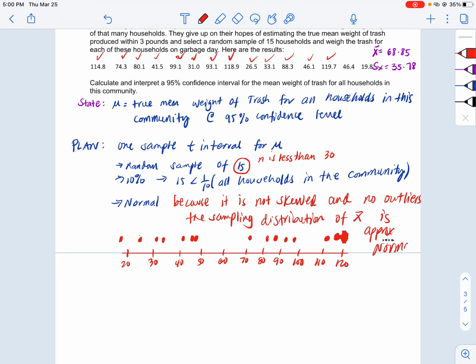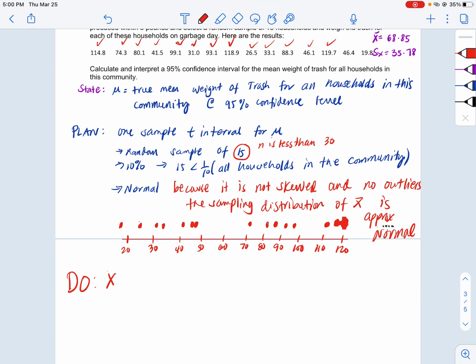It's kind of annoying when n is not greater than 30 because we have to look at how the dot plot would look. Hopefully, on the AP exam, the graph is already given so we don't have to graph it on our own. Finally, it passes all the conditions.